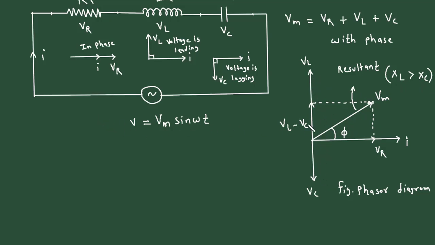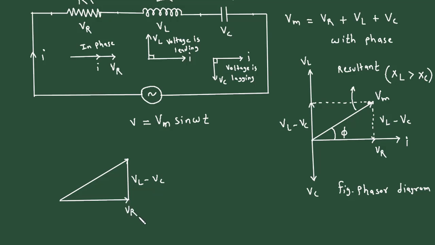Then we can redraw this triangle. So if we redraw this triangle, it will be like this. Now here we can see this length is equal to VL minus VC. This is VL minus VC.